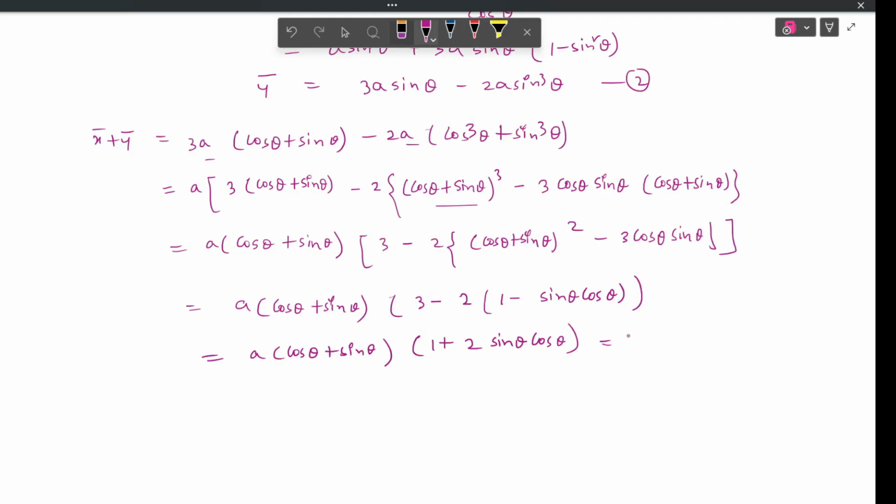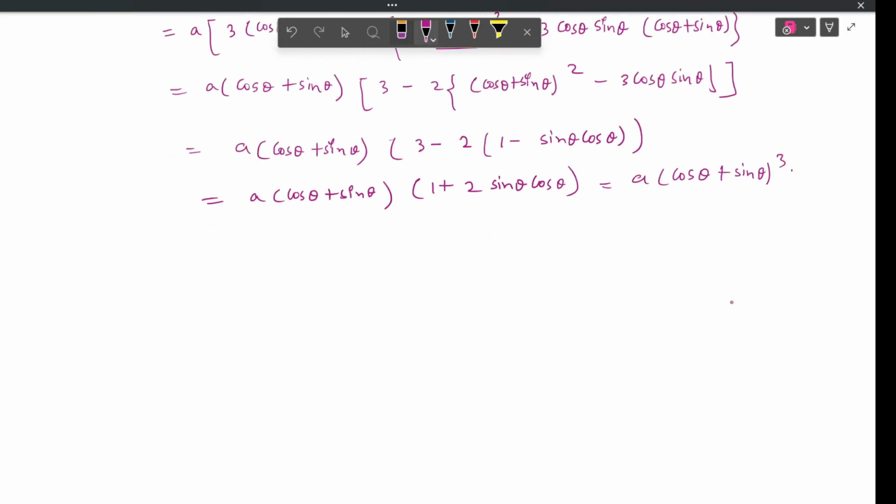So this would be a into cos theta plus sin theta whole cube, or we can say in place of 1 we can say this is sin square theta plus cos square theta. So then it would be sin square theta plus 2 sin theta cos theta plus cos square theta, then it would be sin theta plus cos theta whole square, and then here we have 1, so sin theta plus cos theta whole cube.